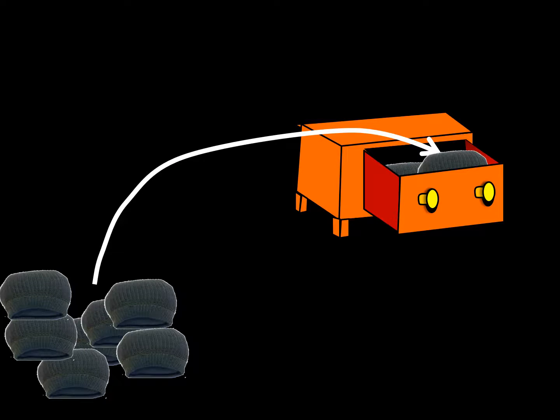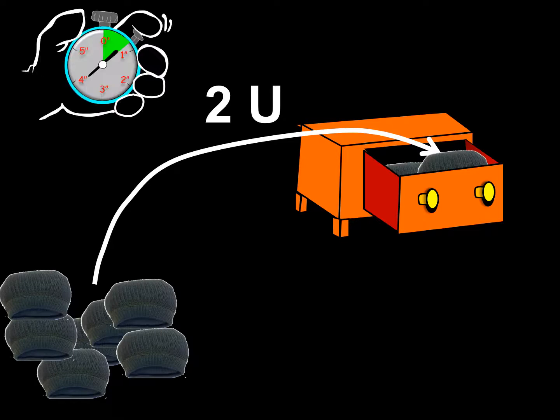Because since 1 pair of socks is already in there, there is less room in the drawer for the second pair. So let's say it takes 2 units of force and 8/10 of a second to put the second pair.